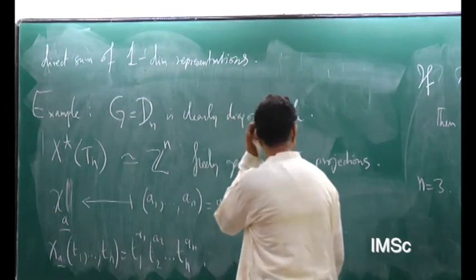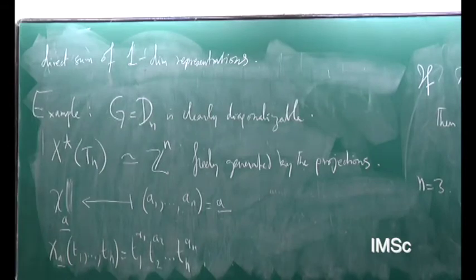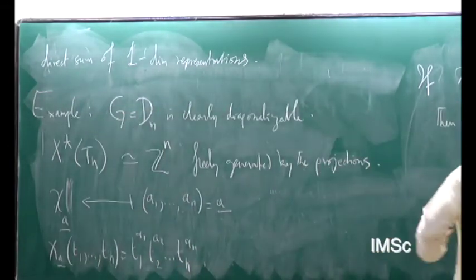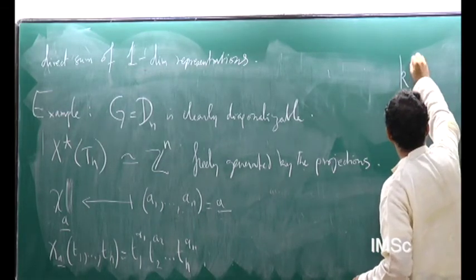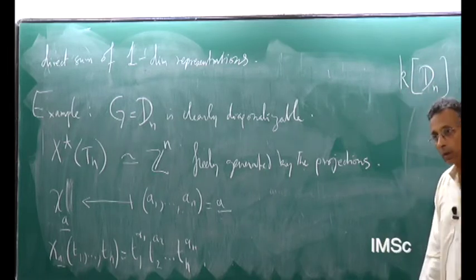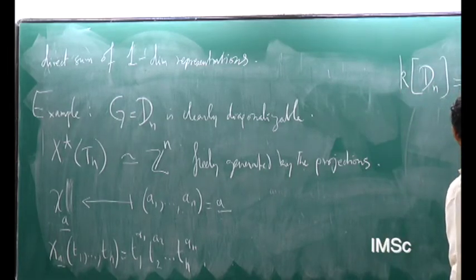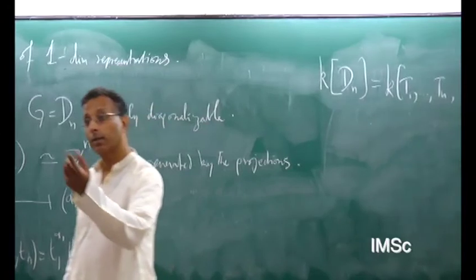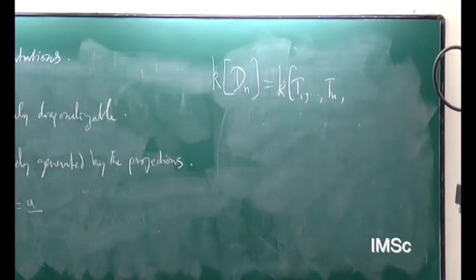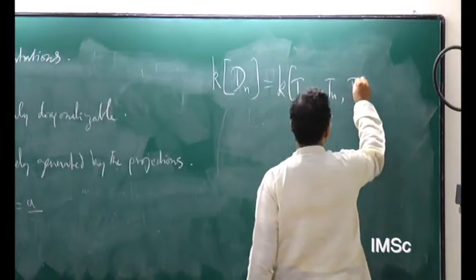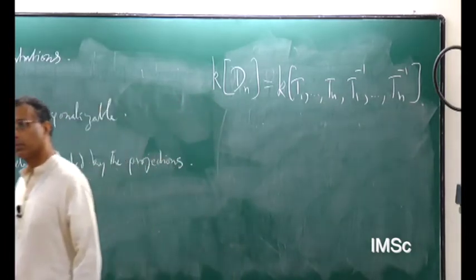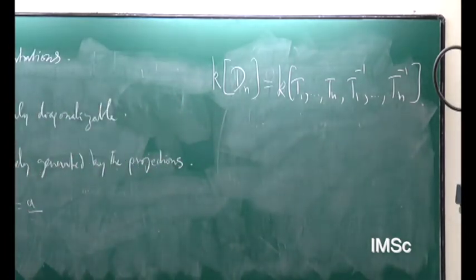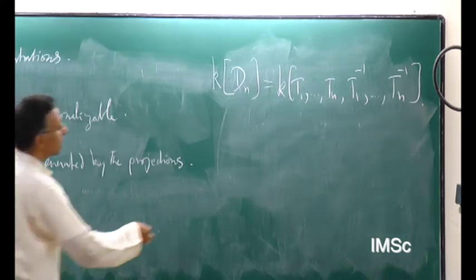Okay, and let us verify this. What is K of Dn? What's the ring of functions? Well, the projections are functions, but you can also invert the projections because they are invertible, so those are also valid functions. The claim is that this is generated by them.